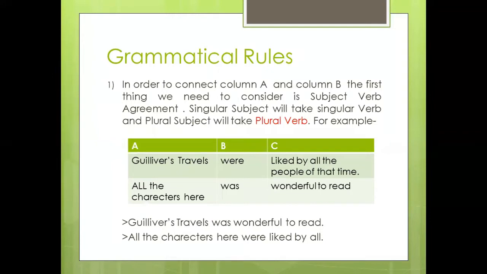So now we'll see some grammatical rules regarding this, how to connect column A, B and C. In order to connect column A and column B, the first thing you need to consider is subject-verb agreement. Singular subject will take singular verb and plural subject will take plural verb.